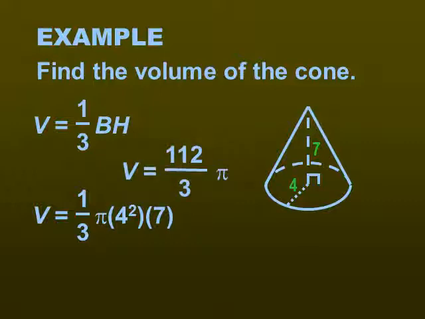Let me continue simplifying what we have here. 4 squared is 16, times 7 is 112, and that's all going to be divided by 3, times pi. This is as simple as I can get without an approximation. So my approximation is 117.3 units cubed.